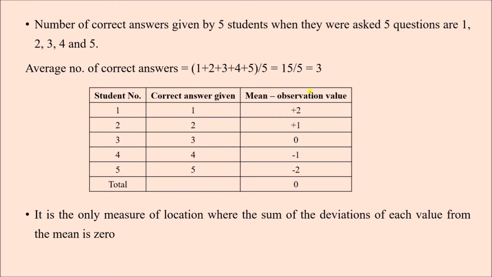So like this, 3 minus 3 is 0, 3 minus 4 is minus 1, and 3 minus 5 is minus 2. If we add these deviations of individual values from the mean, we shall see that the result is 0. So that is why we mentioned earlier, it is the only measure of location where the sum of the deviations of each value from the mean is 0.